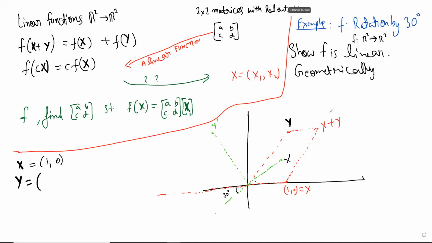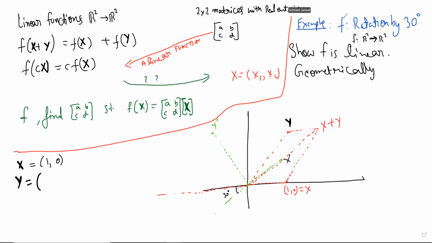Now if you apply f on this, you want to show that this is not this. This is a little, well, I don't know what it is, but something. Now when you rotate this, any red green angle is 30 degrees.